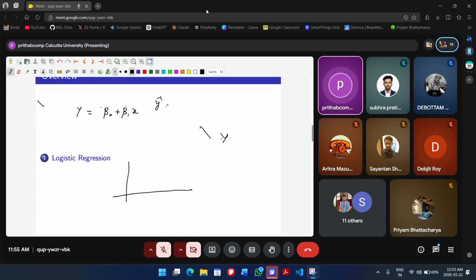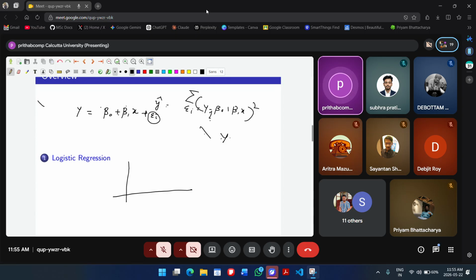We tried to minimize the error, assuming there is an error epsilon i. So this epsilon i was nothing but y minus (beta 0 plus beta 1 x), the whole square. And the sum of all these errors over all i, we wanted to reduce.